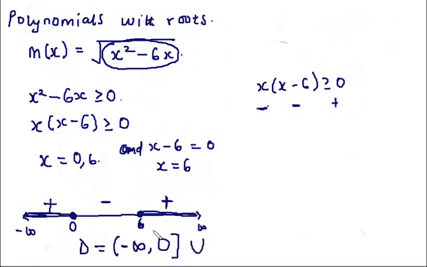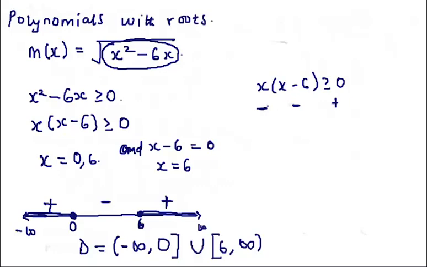Union of 6, this is a closed point, comma, positive infinity. Okay, so that's simply how to find the domain of functions with square roots of polynomials.